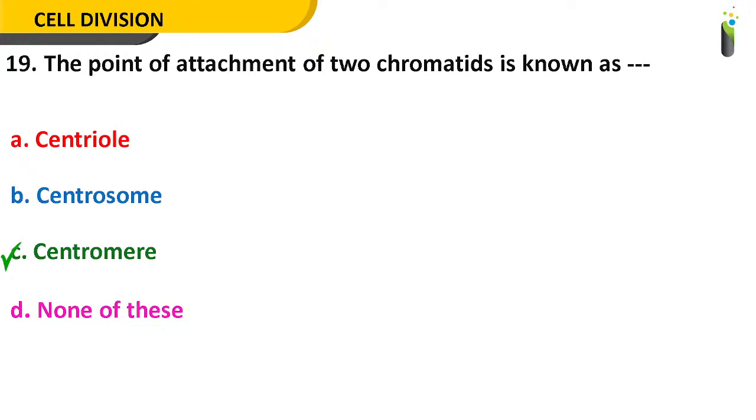Well, the answer for this is C, that is centromere. It is the centromere that connects the two chromatids with each other.